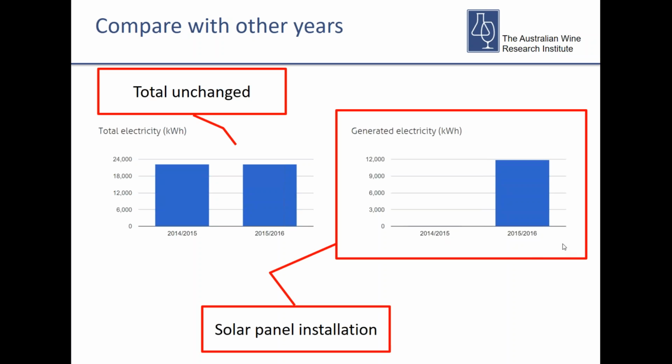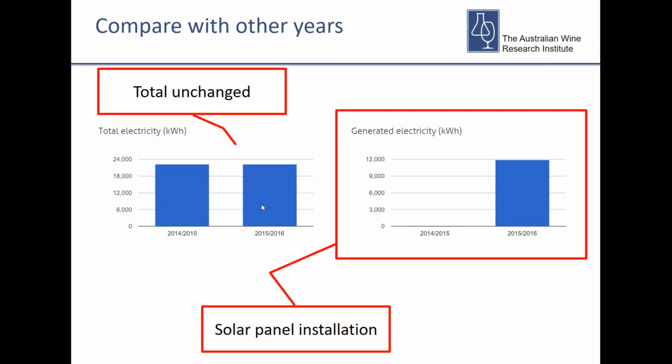Now, even though there is a lot of solar power generated here, the total electricity is actually unchanged, mainly because this is the sum of the electricity that you've taken from the grid and also the electricity that you've generated. Okay, so that's really important that you remember that.